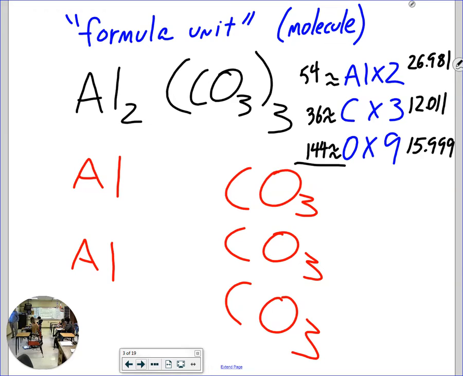Then I add those up. 36 plus 54 makes 90, plus 144. So 234. Okay, so right around 234 grams is going to equal 1 mole of this stuff.